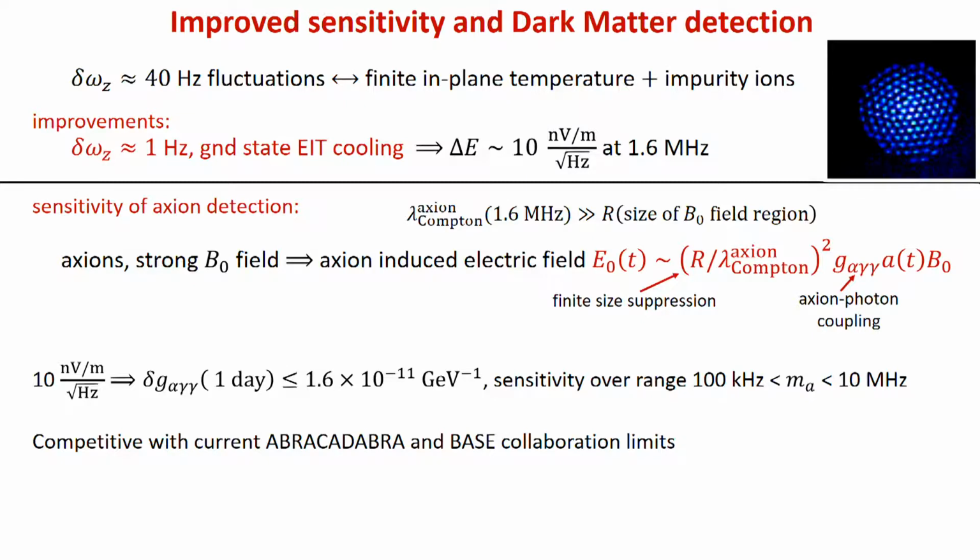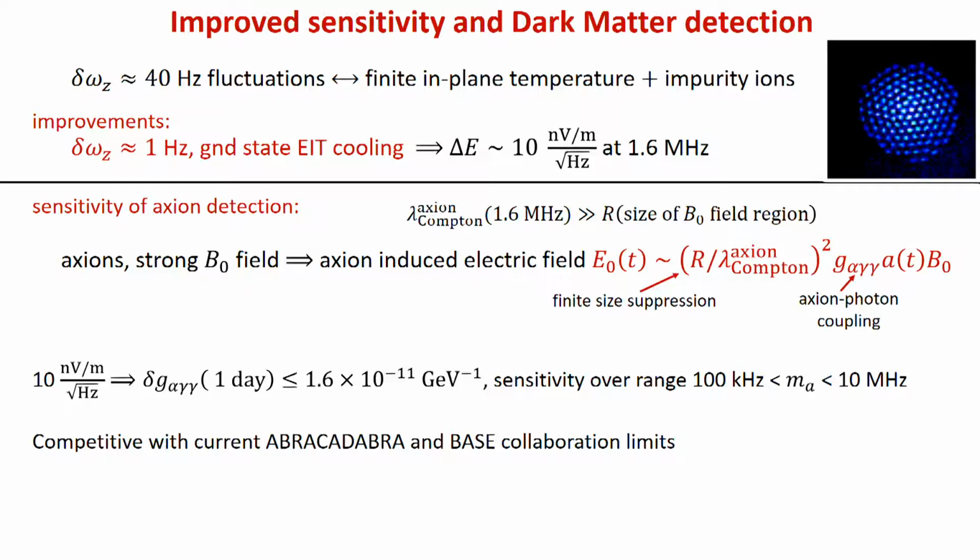Here we're at a much lower frequency, and that changes our sensitivity because now we're in a regime where the axion Compton wavelength is large compared to the size of the region of our strong magnetic field. This is the bore of our magnet. And so our sensitivity for putting a limit on the axion-photon coupling is reduced to second order in the ratio of these two quantities.